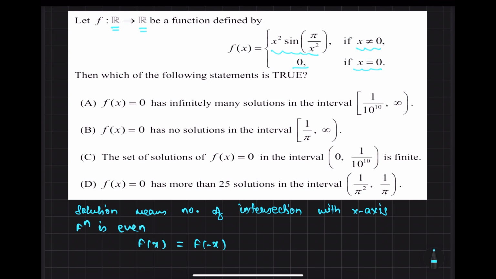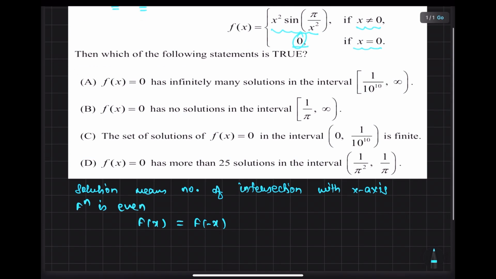Okay. Now, suppose that I want to draw its graph so that we can have a clear understanding about the zeros. So if we talk about the graph, I will talk about after 0. You know that after 0 and before 0 is the same. We can draw a mirror image, and at 0 it is 0 only.